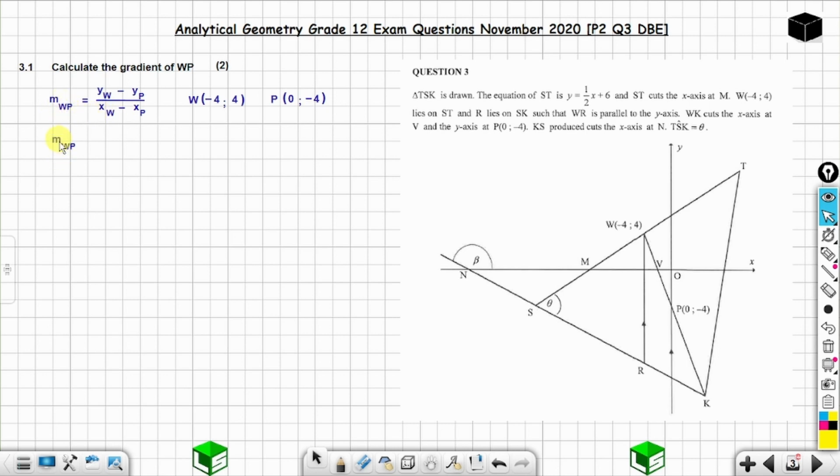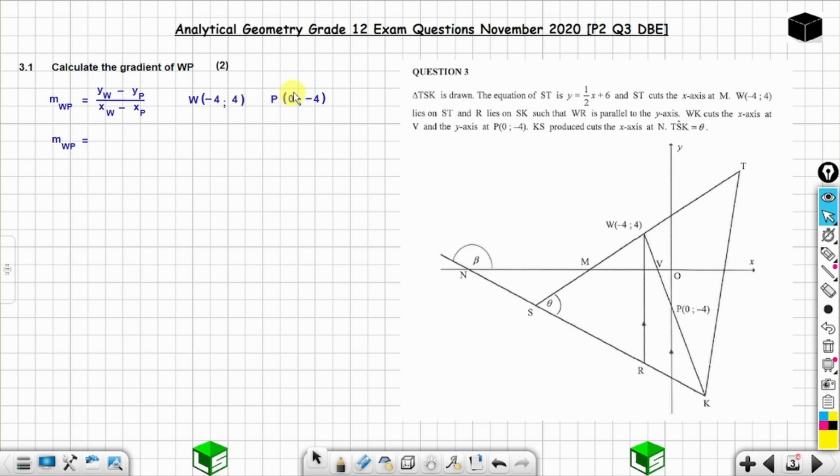The gradient of the line WP is equal to, now you have the y coordinate of the point W, which is 4. This is the y coordinate, this is the x coordinate. The first coordinate is always x and the second coordinate is always y.